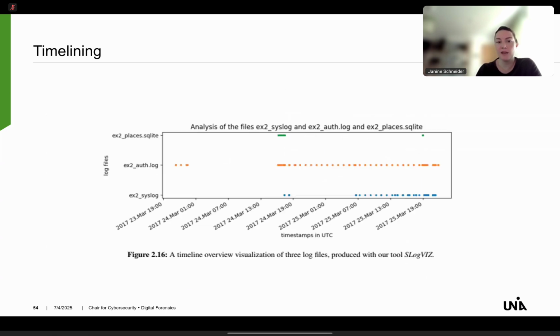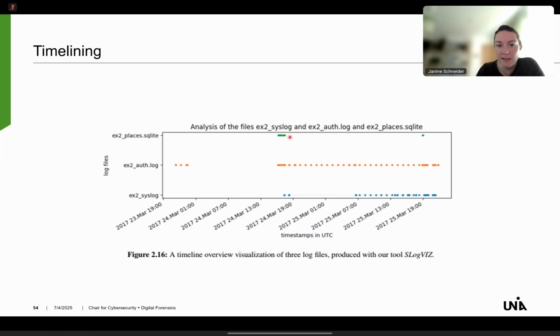This is an example for external consistency, because here we have several log files that are compared to each other. We have the places SQLite file, an auflog file, and the syslog file. And what you can see here is that we have no timestamps at all during this phase where we have timestamps, for example, in the auflog.